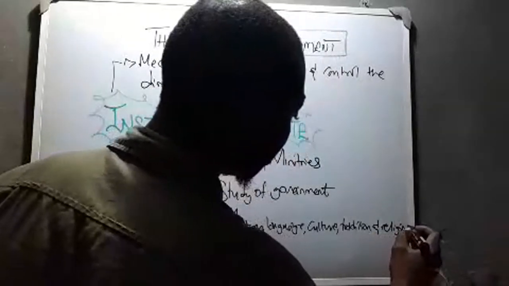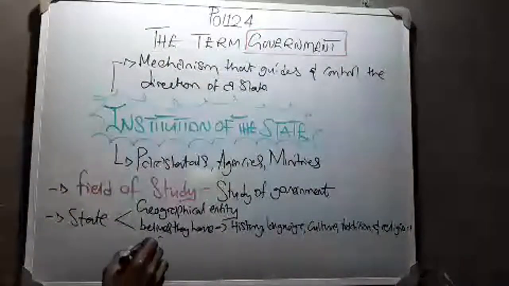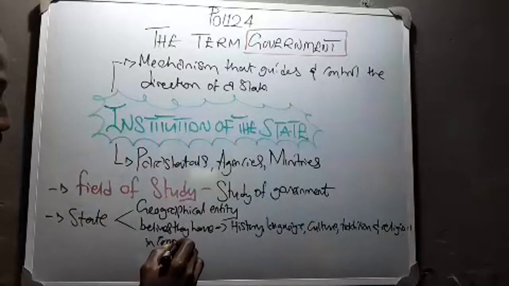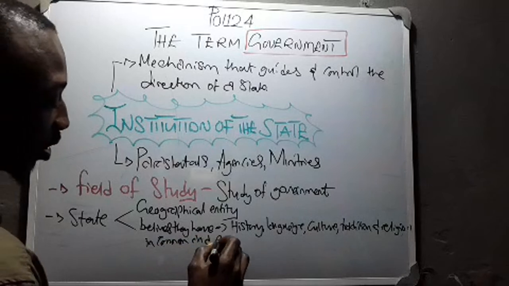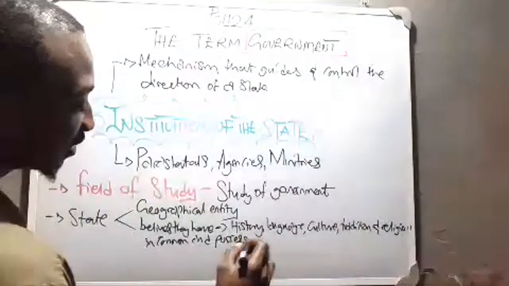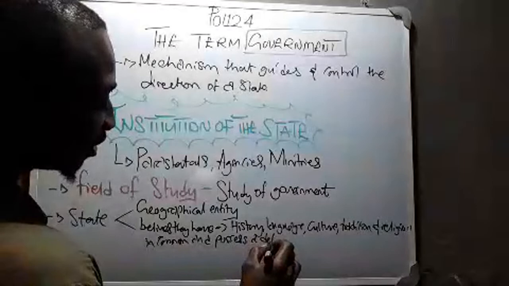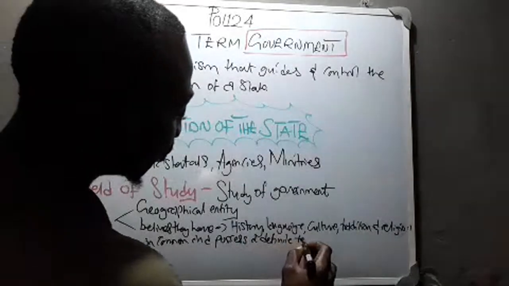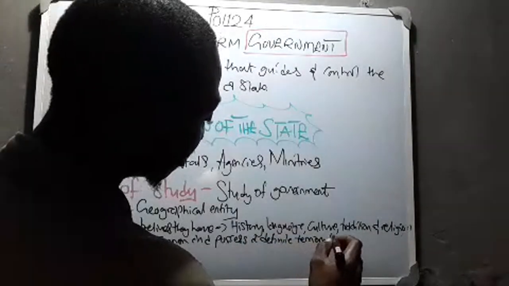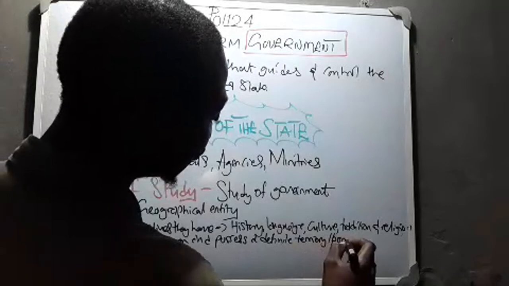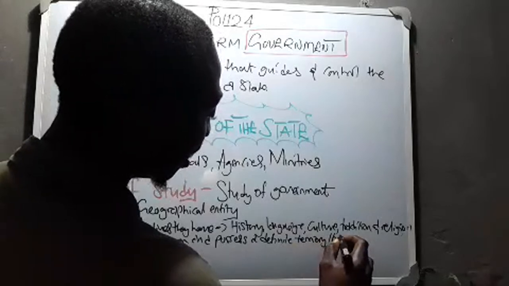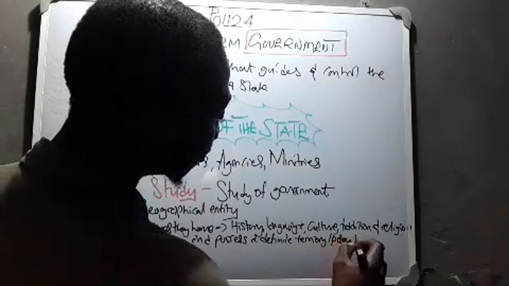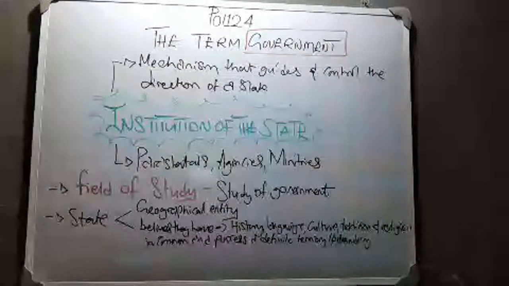So they have religion in common, and the state possesses a definite territory, a fixed boundary. There's a definite territory that you occupy, and there's a fixed boundary.